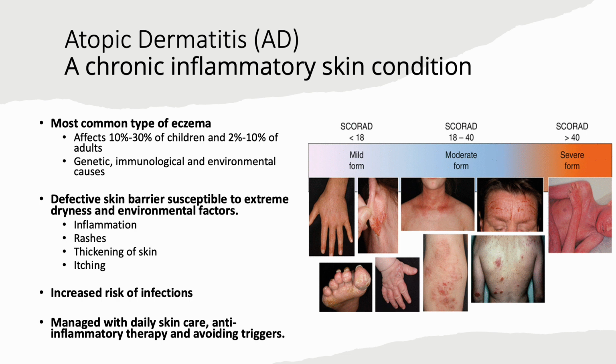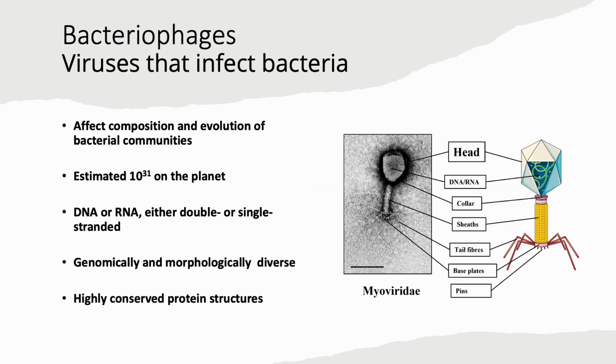It can be managed with daily skincare, anti-inflammatory therapies, and avoiding triggers. And this will depend on the severity and the person's personal triggers, because it will be different for everybody.